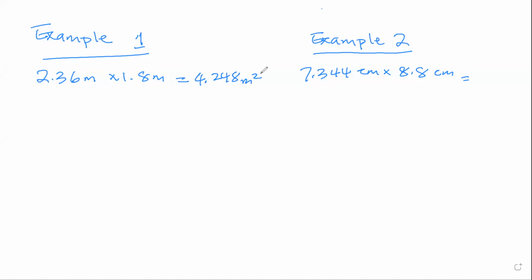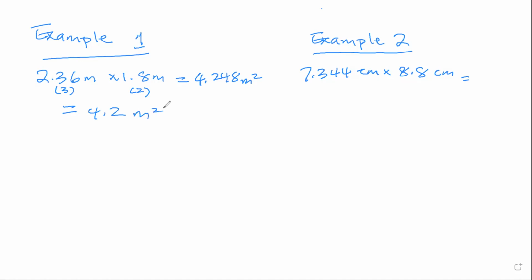We have to multiply the unit too. Then the first number has 3 significant figures. The second one, 2 significant figures. Following the rules, the answer has to have 2 significant figures, which will be 4.2 meters squared.